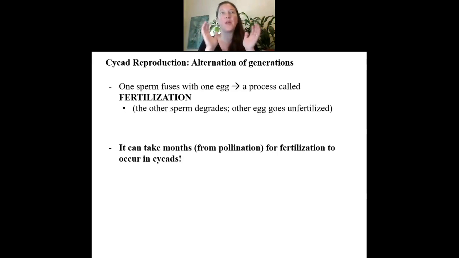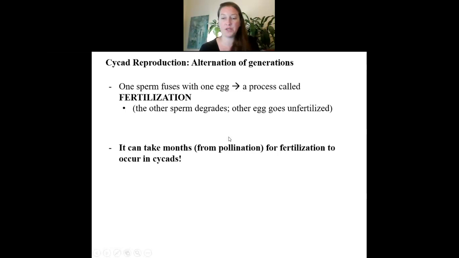So that is part of the reason why they're also threatened with extinction in some cases, because that's a really long time to wait for fertilization to occur. You know, it's not very efficient.